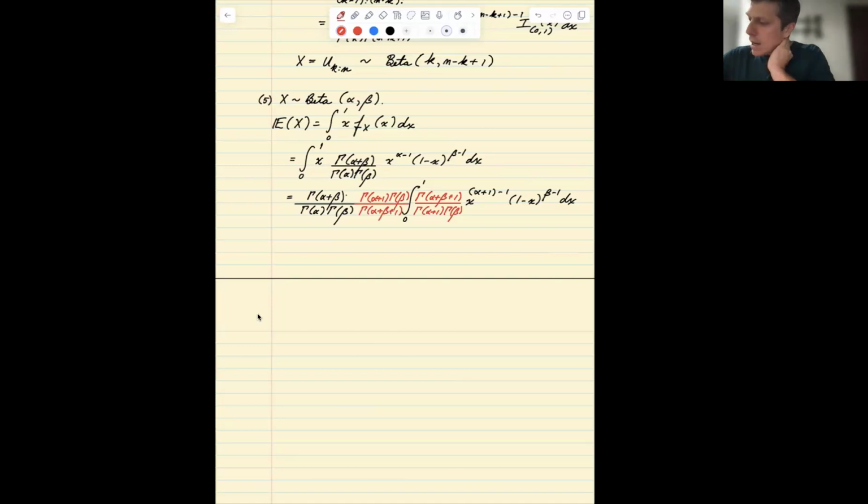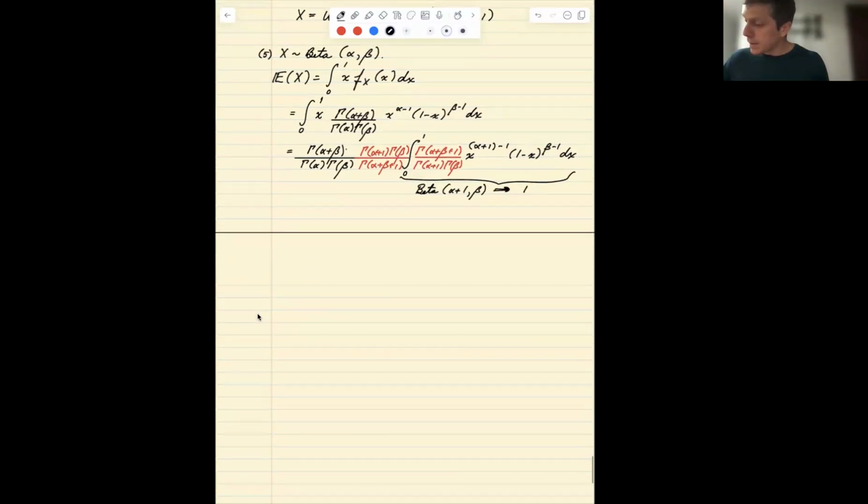Okay. Now what happens is once we've done that, this is the integral over all values of the beta alpha plus 1, beta density, which means this is equal to 1 and goes away.